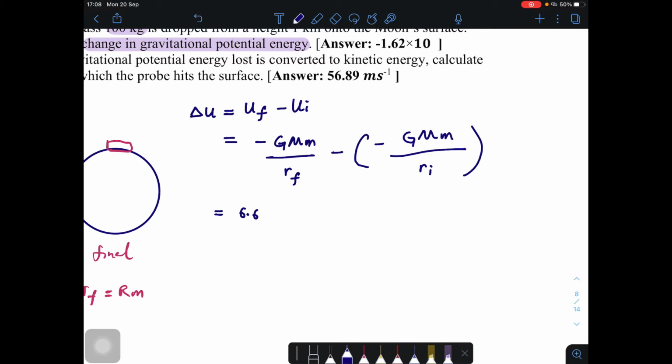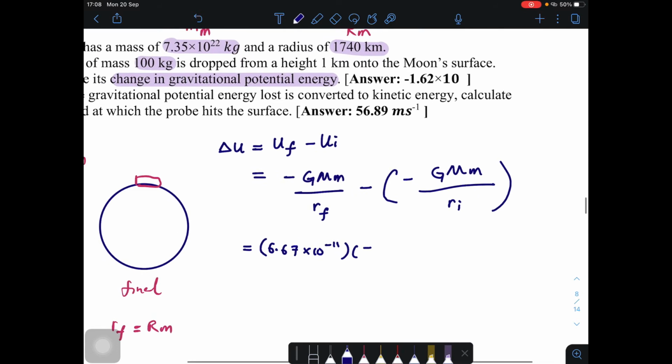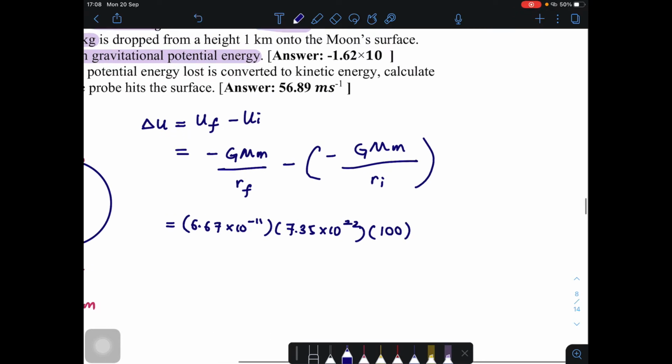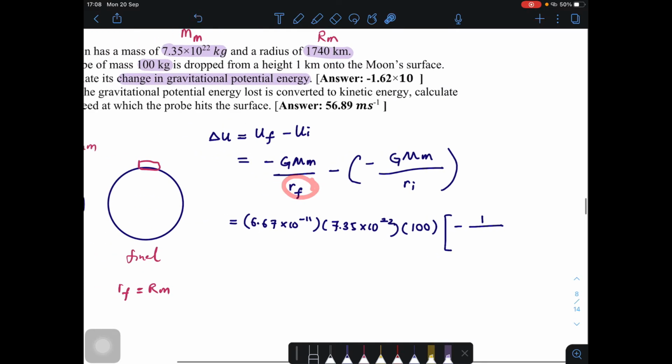So kita ada 6.67 × 10^-11, mass of the moon, and then mass of the object 100 kg, and then barulah kita masukkan this one. So don't forget the negative here, negative 1 over R final, which is this one, equal to 1740 km.